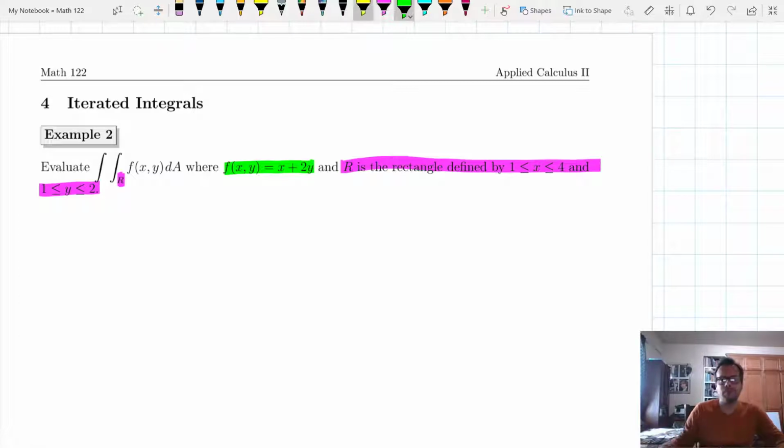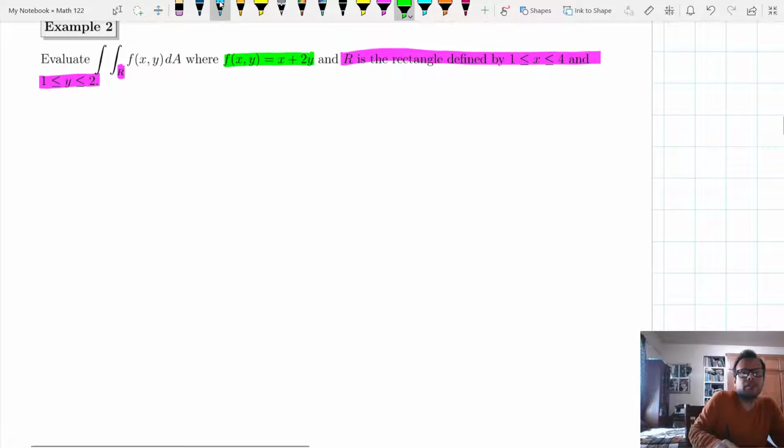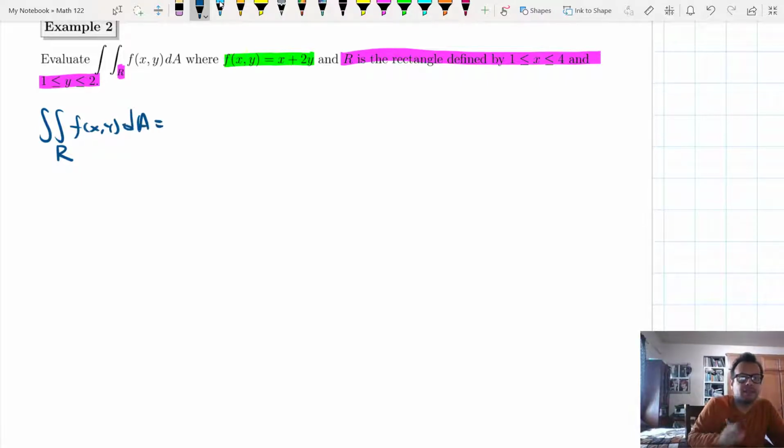Now, let's set up the integral. I'm gonna write it down, f of x, y dA. What is dA? This dA will be replaced with dx dy or dy dx, depending on the order.